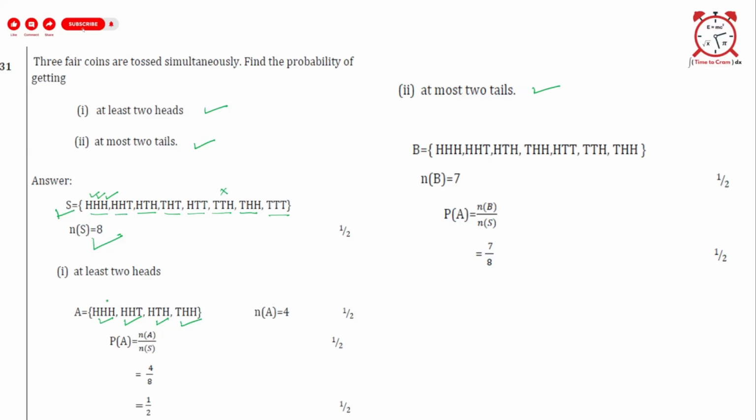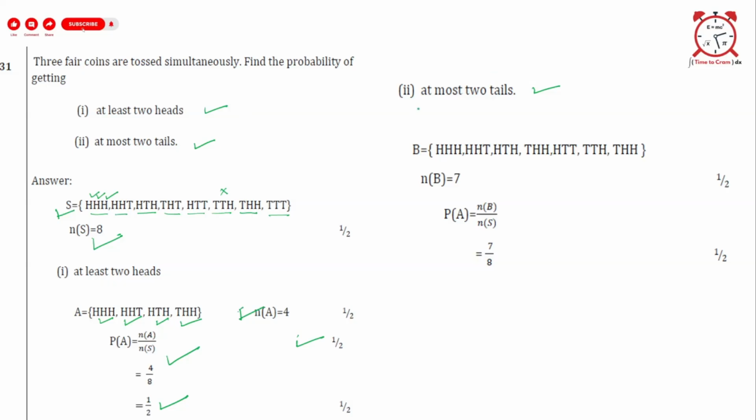So these are the favorable outcomes, Na equal to 4. The formula P of A equal to Na upon Ns equal to 4 by 8 equal to half. We have to keep the values in the formula and write the correct answer. You can see that writing the correct formula also carries half a mark.